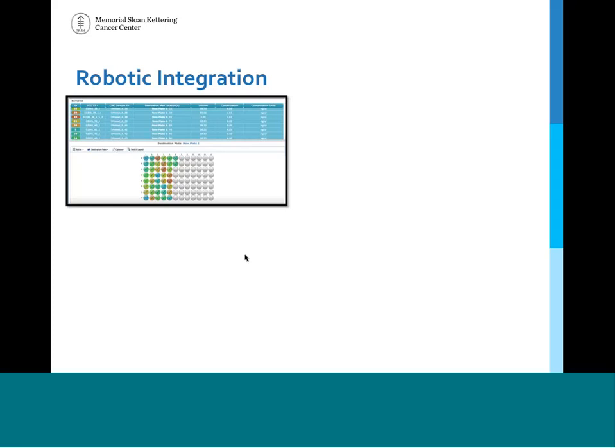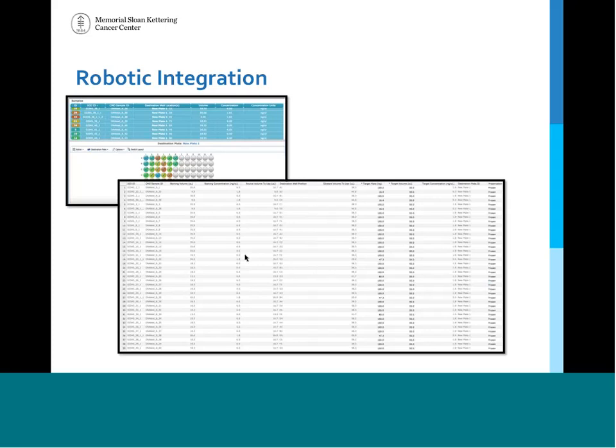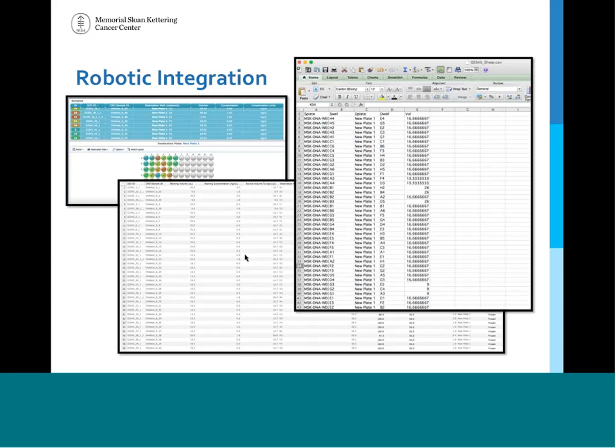So once the samples are assigned to the plate and we've said how much material we are moving onto that plate, the LIMS will automatically generate for us the sheet that the robot needs to physically make the plate. So this seamless movement from what used to be a very manual process has dramatically reduced our error rate.